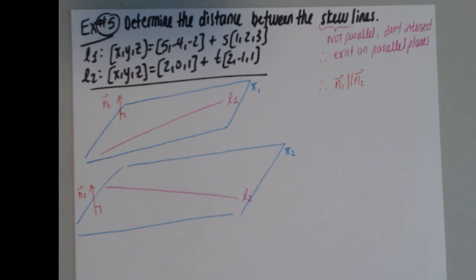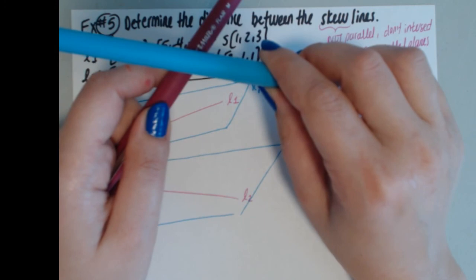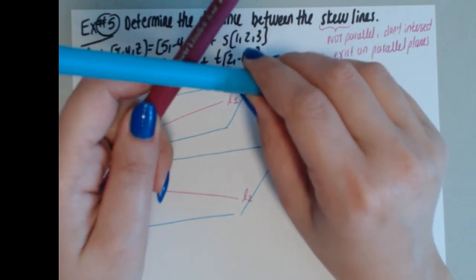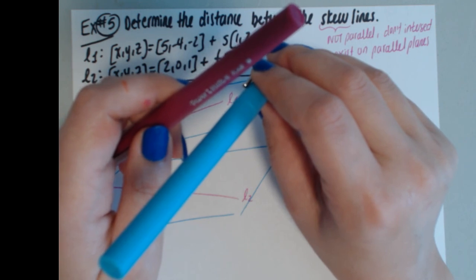Now, when I'm looking for the distance between these lines, it's important to note that since they are skew, the difference between any 2 points that you pick, being the distance, will vary. So imagine I have, let me just use these two pens as an example. If I have these two lines, and they're skew, there's a very short distance in between the two lines.